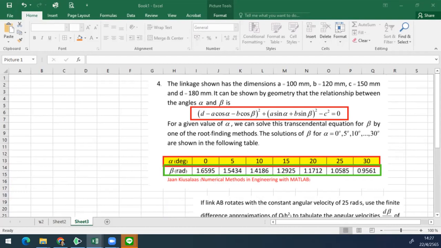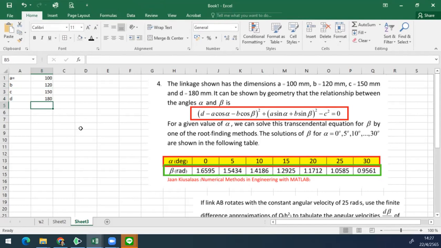So we may create the constants first. A is equal to 100 millimeters, B is 120, C is 150, and D is 180.